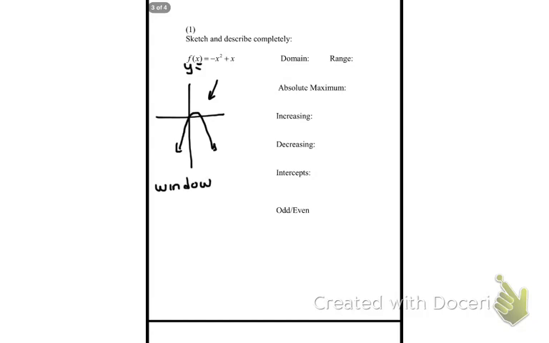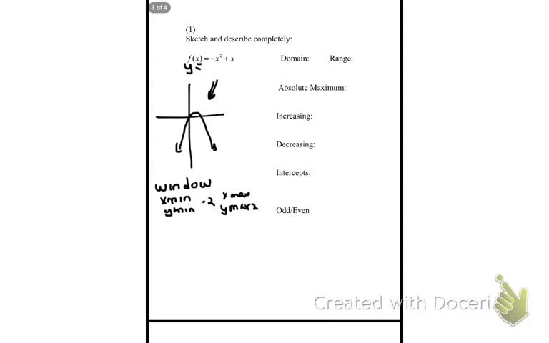Don't use the zoom, change the window. Define it. Do x and y minimums and max. Put your x min and your y min at -2, and put your x max and your y max at 2. That'll help you define your window, and you can see that area a little bit better.